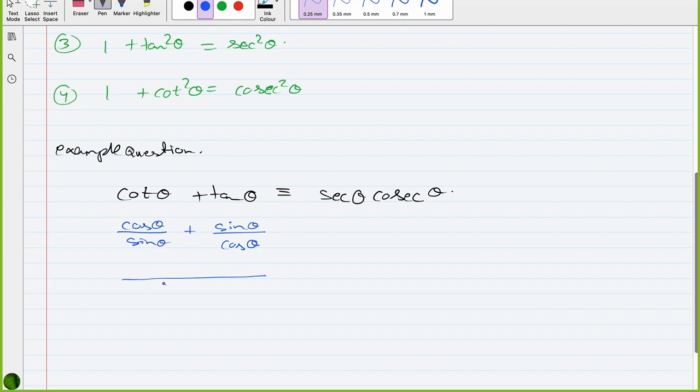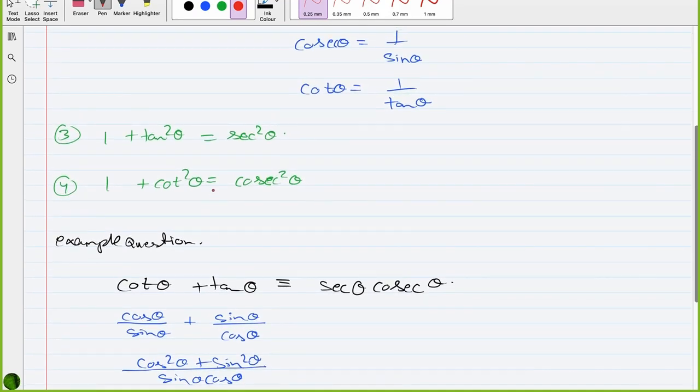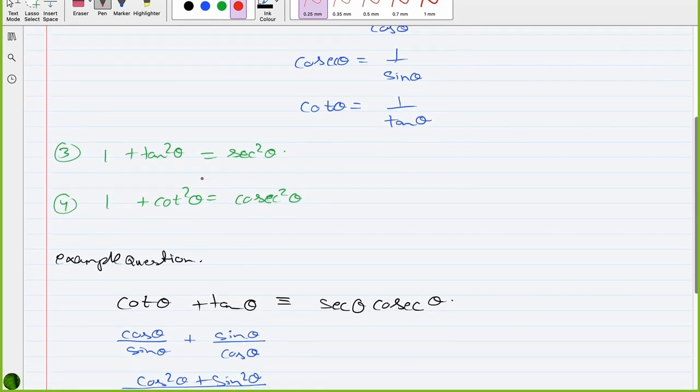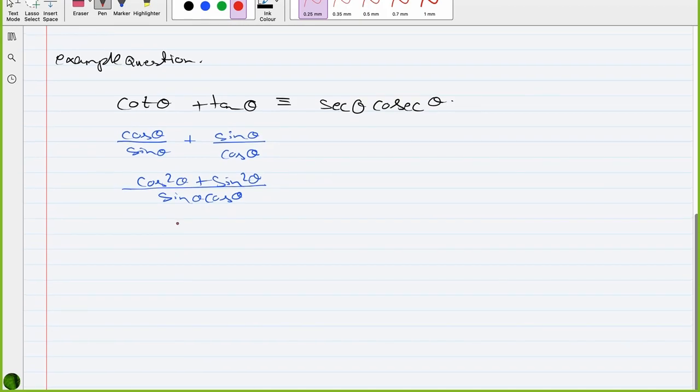And when we take the LCM, this is sin theta times cos theta, and cross multiply, cos square theta plus sin square theta. And we know cos square theta plus sin square theta is equal to 1. So this is 1 over sin theta cos theta, where 1 over sin theta is cosecant and 1 over cos theta is secant.